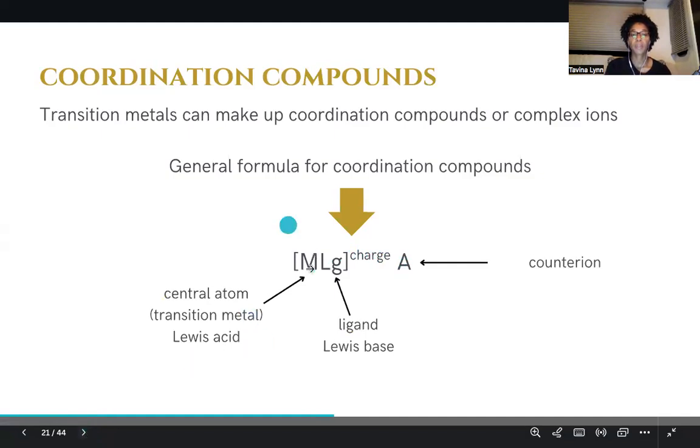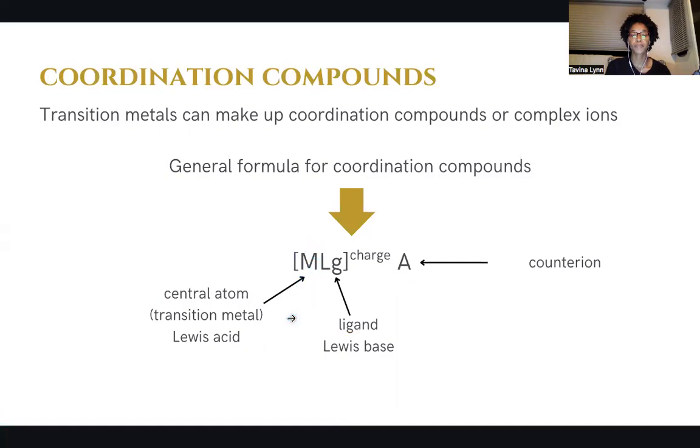So usually the metal is this central atom that behaves as a Lewis acid, and each of the ligands that's coordinated to that metal behaves as the Lewis base. And if we sum all of the charge of the metal, transition metal ion, and the ligands, we get the overall charge.